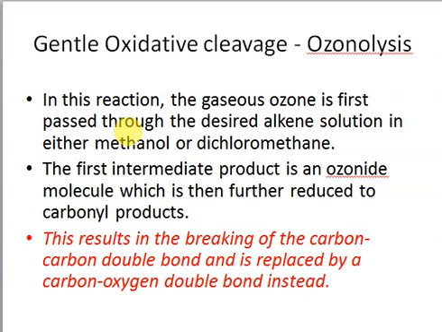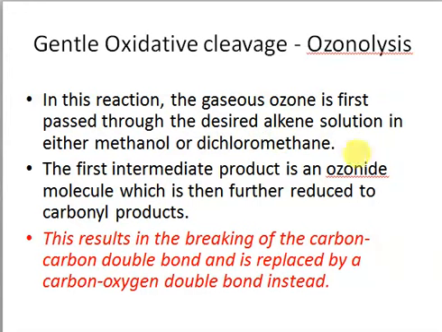What happens is that we pass ozone through the alkene solution. The alkene solution is normally taken in methanol or in dichloromethane because ozone is soluble in these media. So we take the alkene in methanol or dichloromethane and we pass ozone through it.